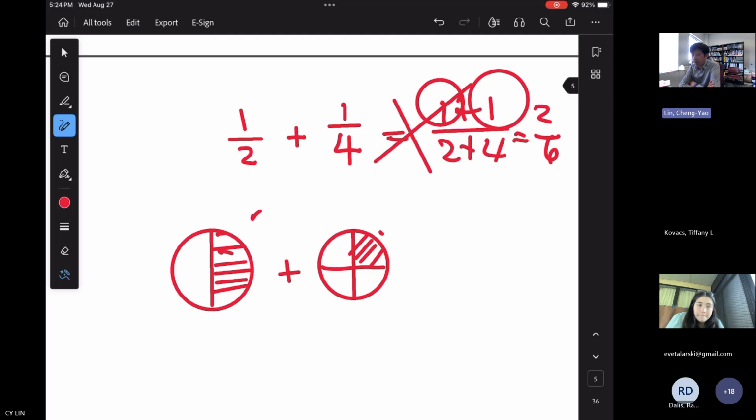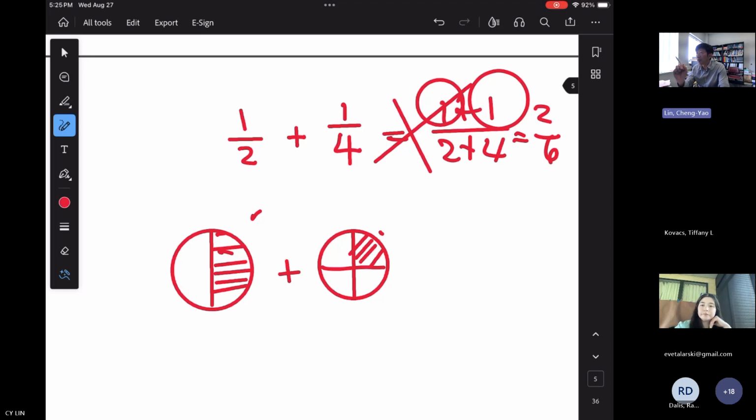If I give you a pizza, the larger one or the small one, you pick the larger one, right? So that is not equal. That's why we need to have equal parts, okay? Now here, I can make a common denominator.